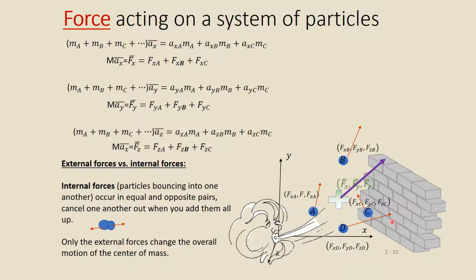So draw your boundary. If my system consists of the particles and the wall is not part of my system, anything that's not part of my system is external, and external stuff changes my system. So you have to know what is inside your system and what is not, and how those two pieces are interacting with one another.